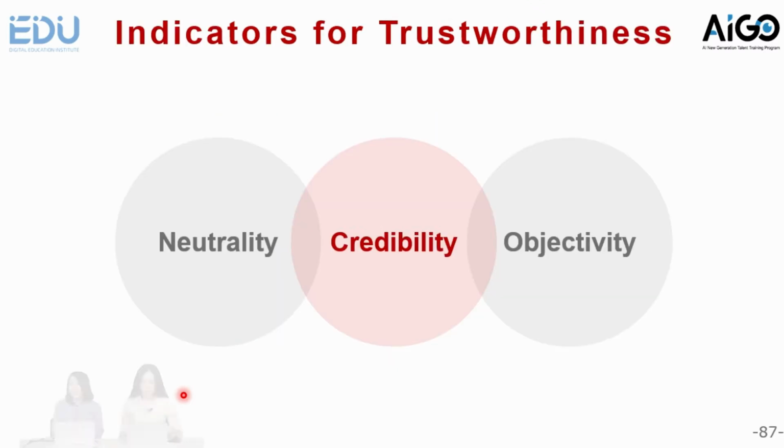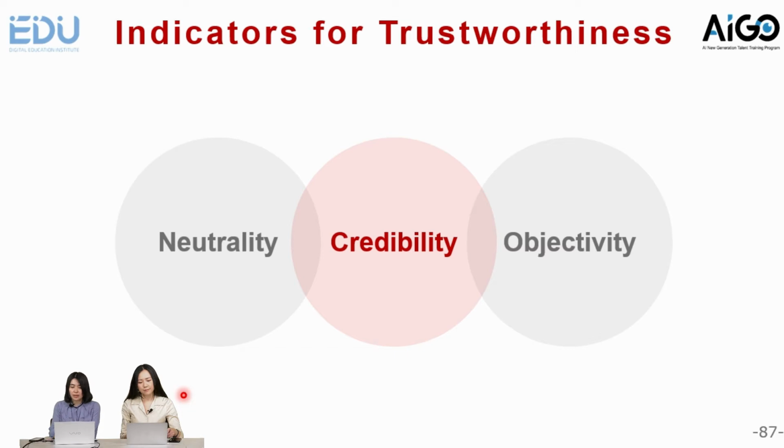So then we can measure whether this news article is neutral or not, because usually journalists should not have any personal standpoint. They need to talk about this event without mentioning any personal opinion.